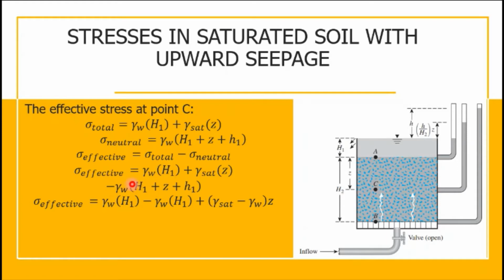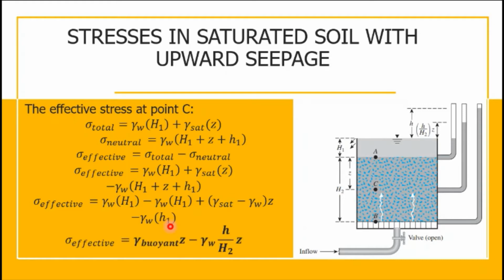We distributed first and combined, with Z as common between these two. So saturated unit weight of the soil minus the unit weight of water, multiplied by Z, minus the remaining term, unit weight of water multiplied by h sub 1.